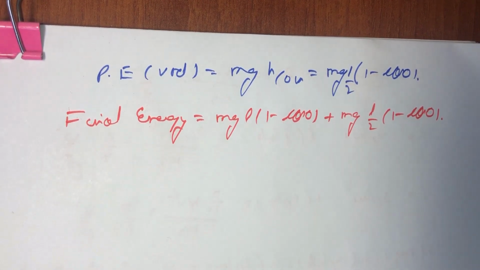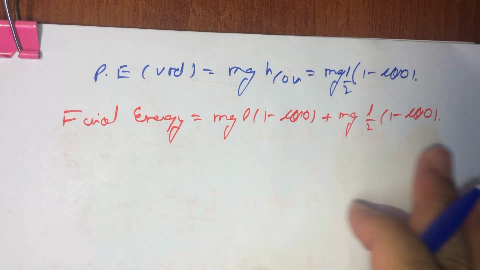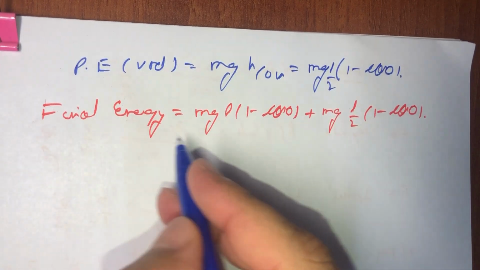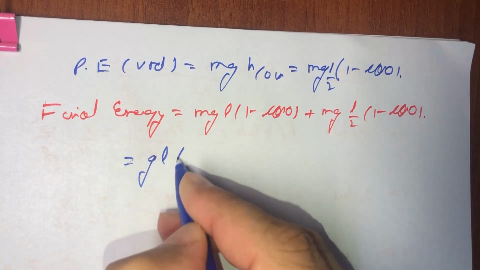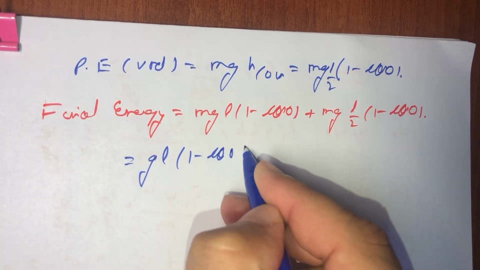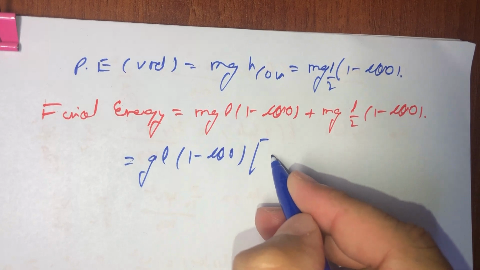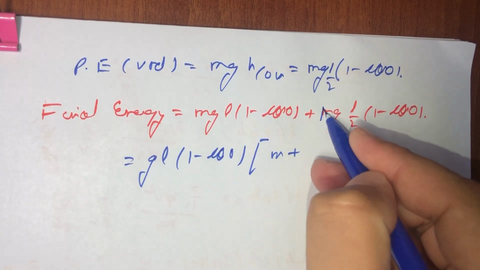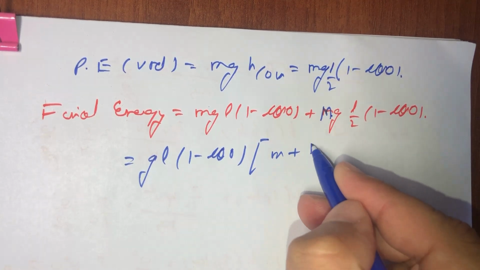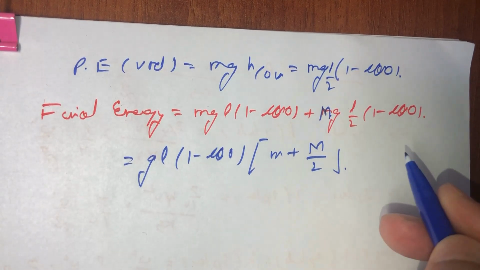Now we can just rearrange this. We get gL 1 minus cos of theta common, so we get m, plus for the rod, capital M by 2.